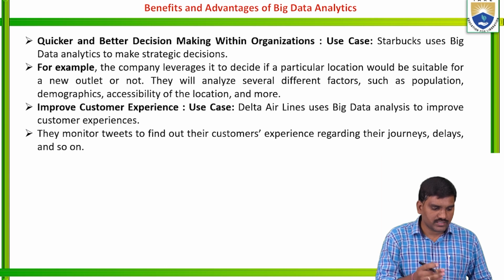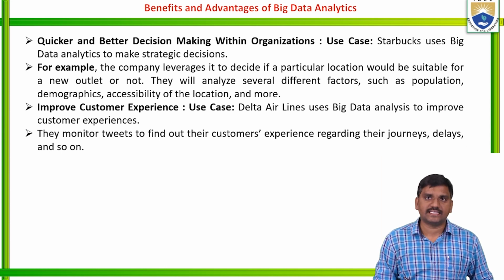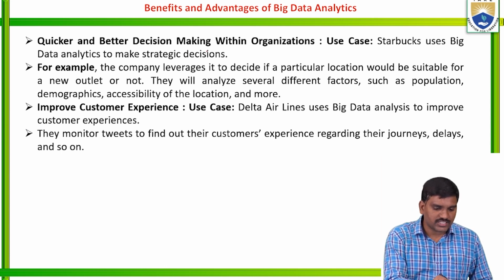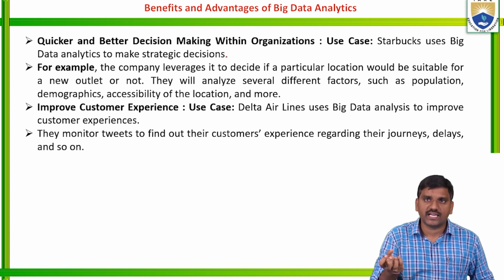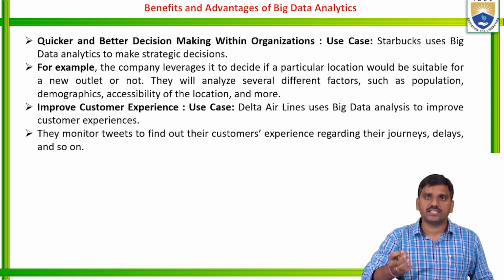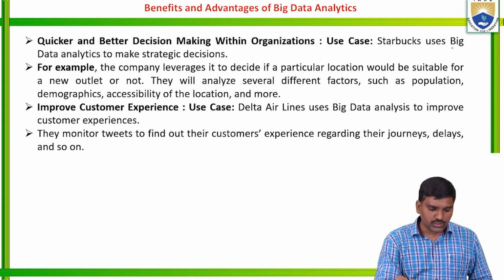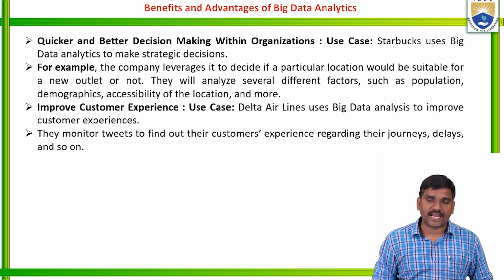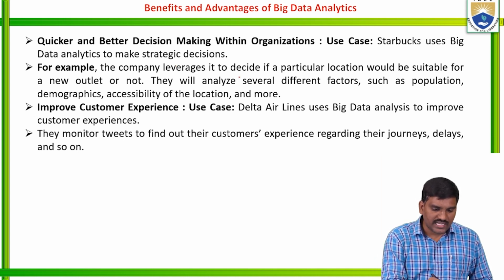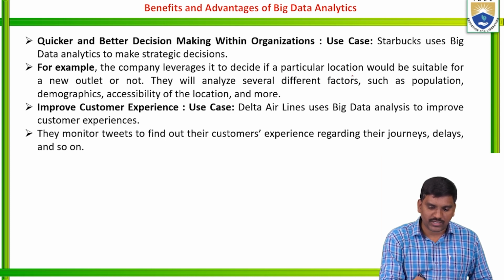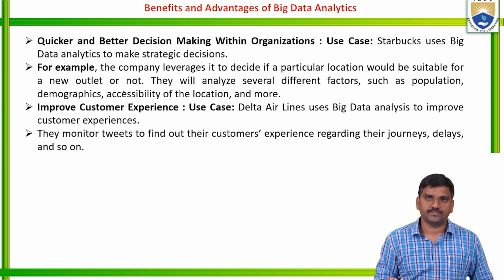Next, another benefit of big data analytics: quicker and better decision making within organizations. The decision is taken by the user within a fraction of seconds. Starbucks uses big data analytics to make strategic decisions. For example, the company leverages it to decide if a particular location would be suitable for a new outlet or not.